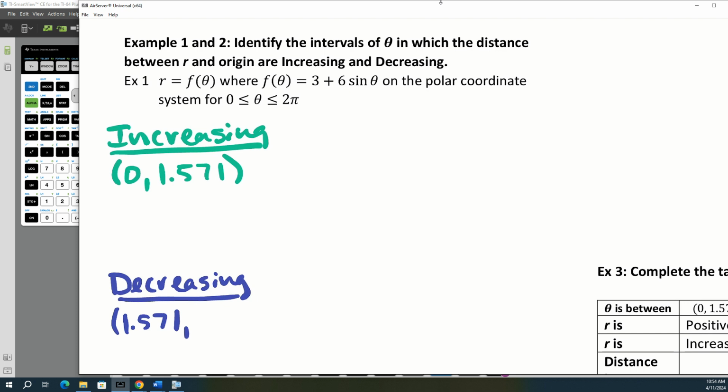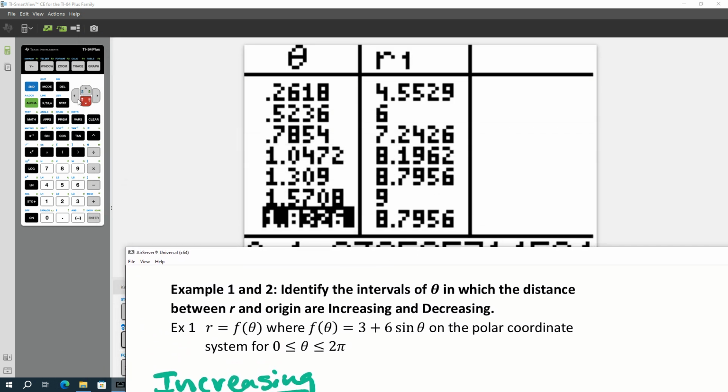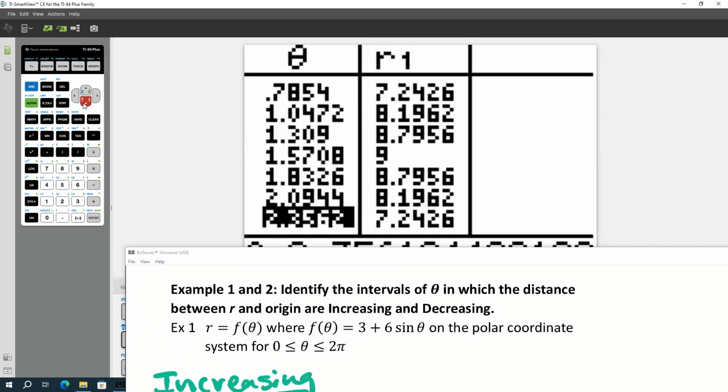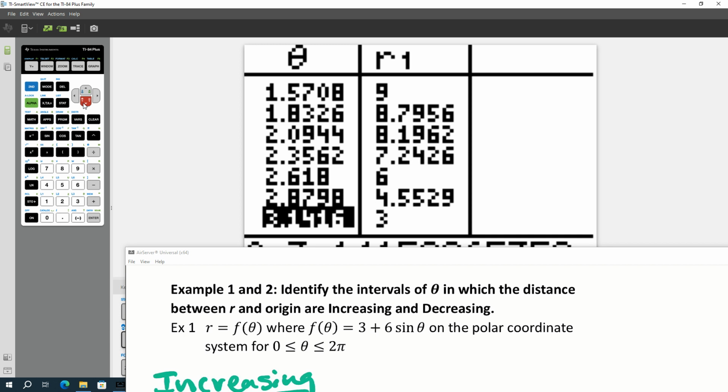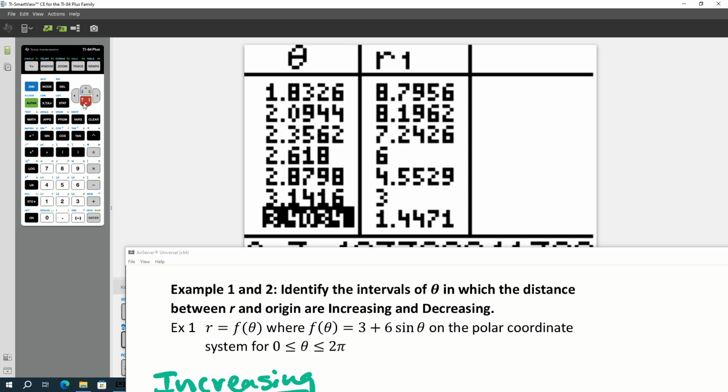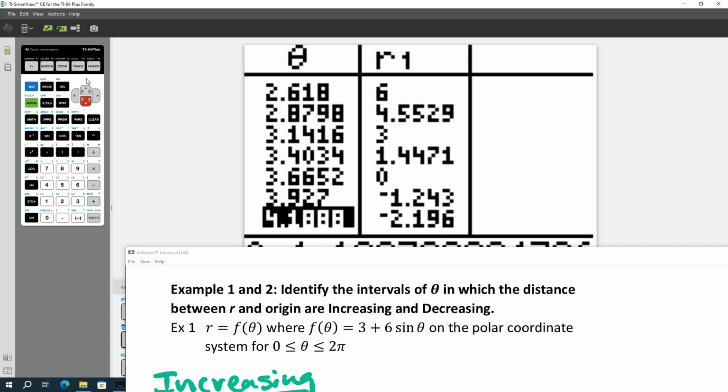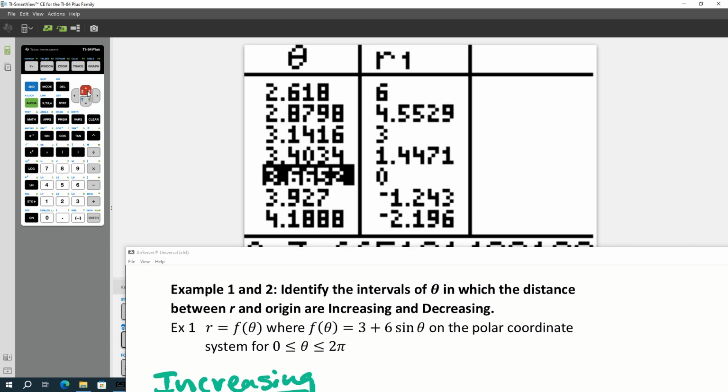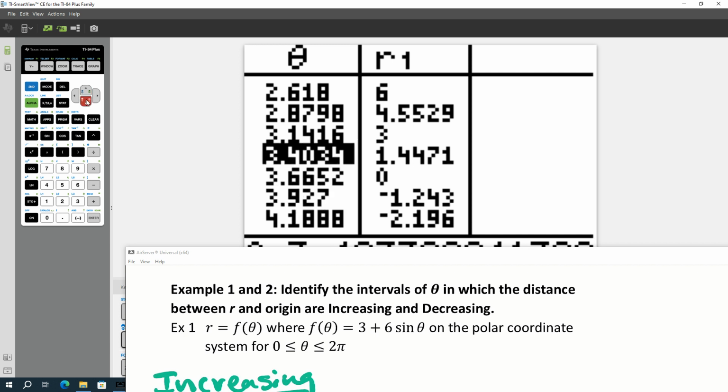Let's see how long it's going to be decreasing. All right, so it looks like we're going to be positive, decreasing all the way to 3.665.